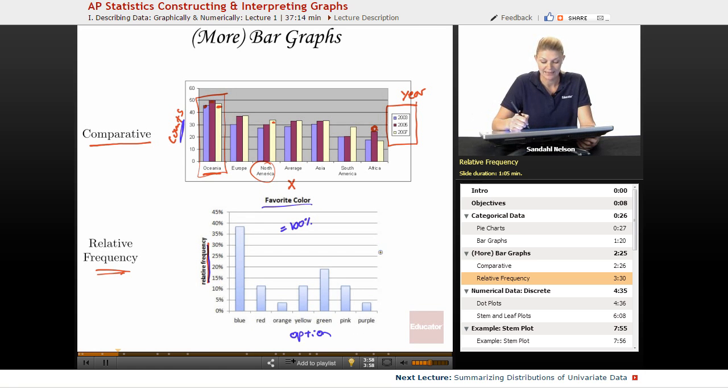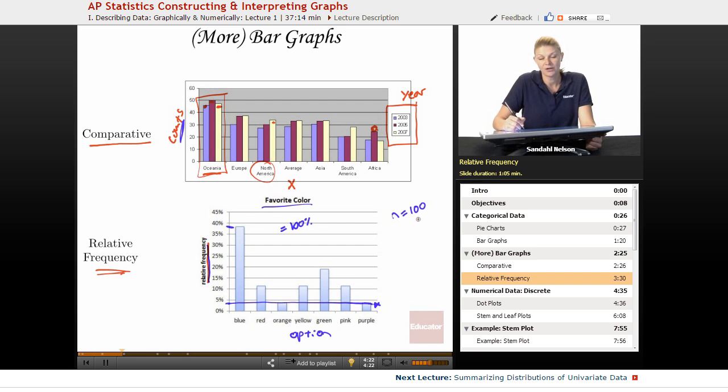Let's say we asked 100 people what their favorite color was. Here we see that 37 of the people, or 37% of the people, said that their favorite color was blue, whereas only about 4% said that their favorite color was purple.